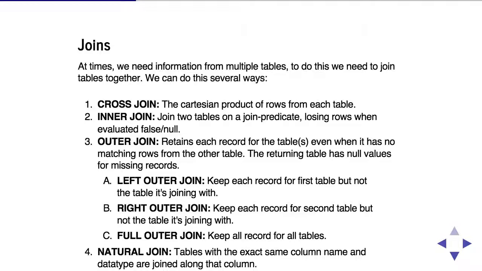Right join keeps it so that the right column returns every row from that column, and the left-hand side could be null. And a full outer join basically keeps records from all tables together. Natural join, we could basically join up tables based off of the same columns, where the columns have the same type and same column name.